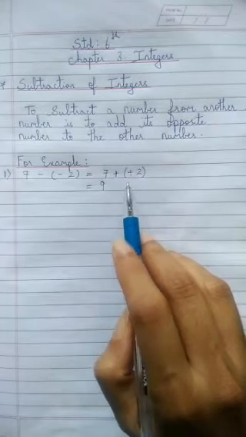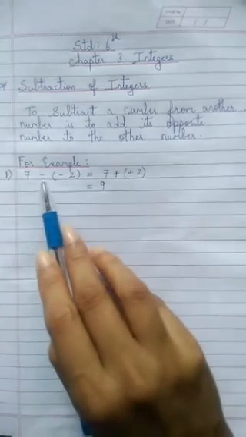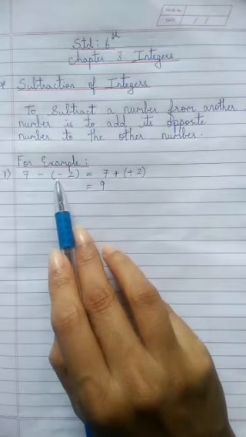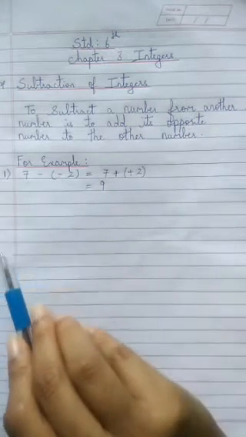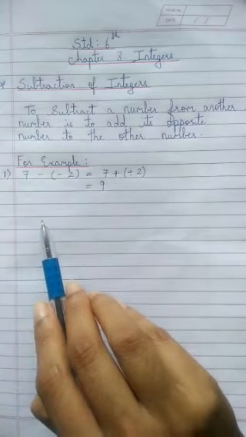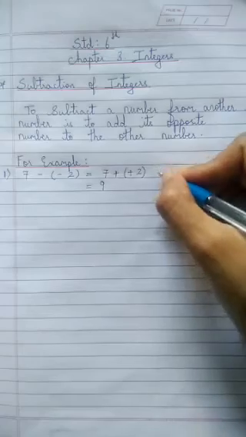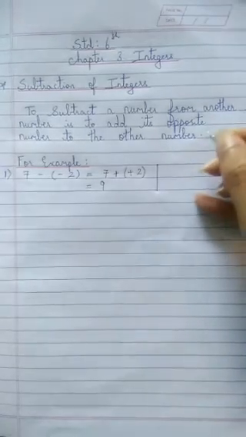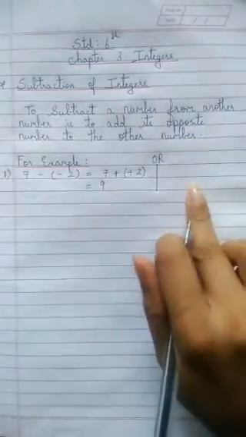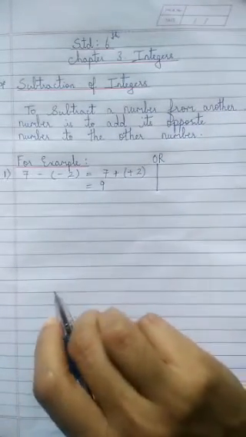Now another way you can solve this is by opening the brackets. So how we can do that? Minus operation is plus, the same operation that you use for addition of integers. So we can write this as another method, this or this, whichever is easy for you, you can follow it.